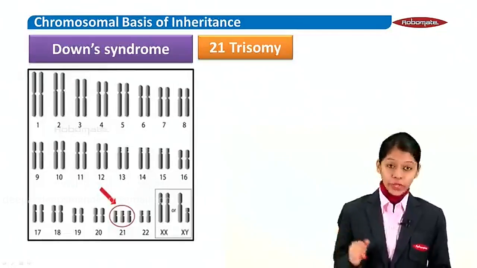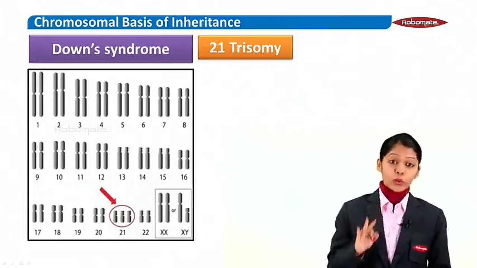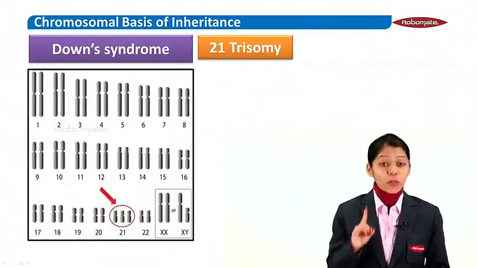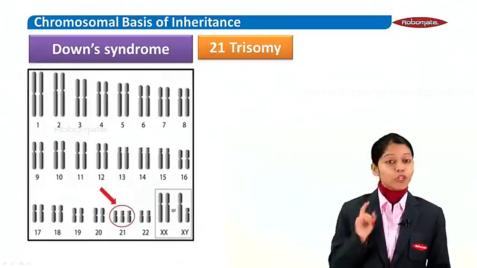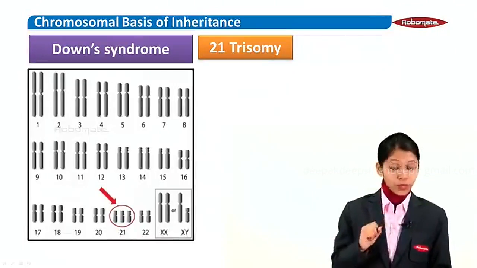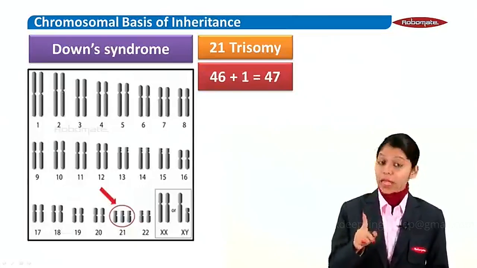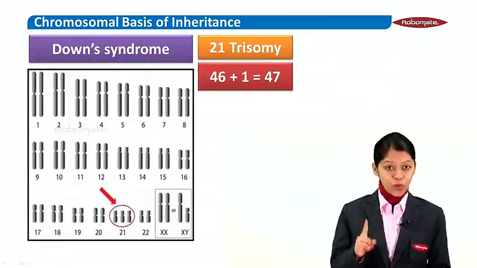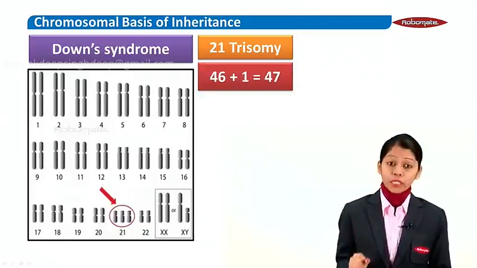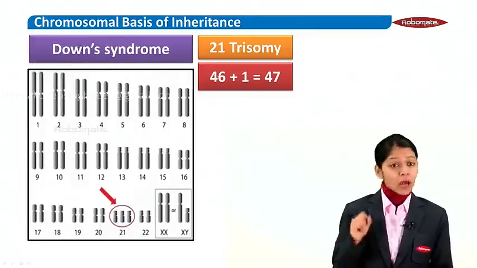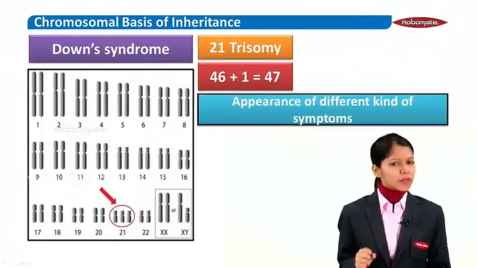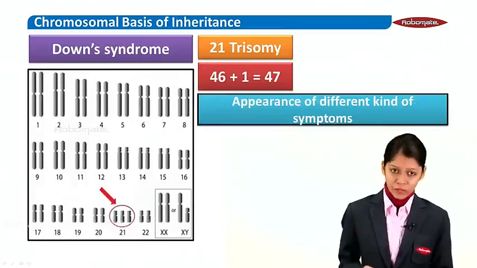As you can see over there, there are 3 chromosomes in chromosome number 21, which should have been 2. Now this leads to 46 plus 1, that means 1 extra chromosome, which makes a total of 47. Now this leads to the appearance of different kinds of symptoms.